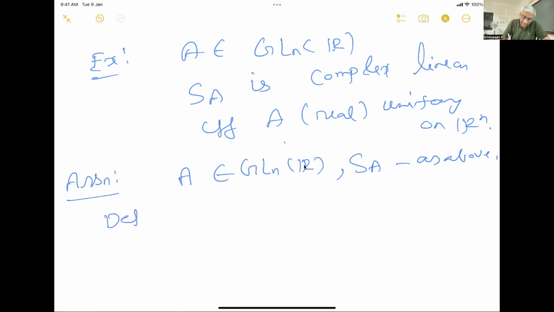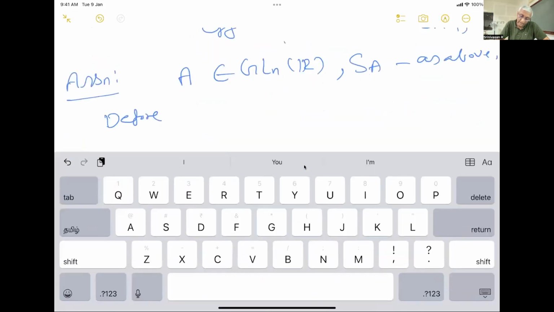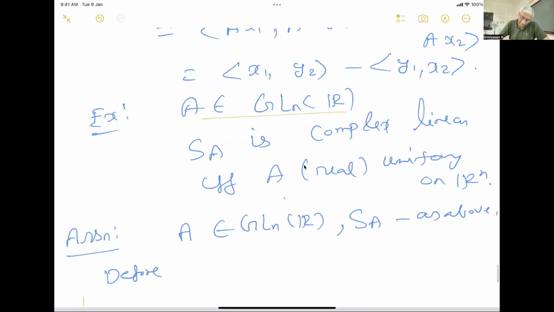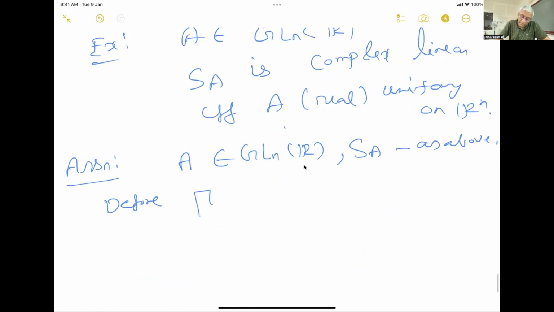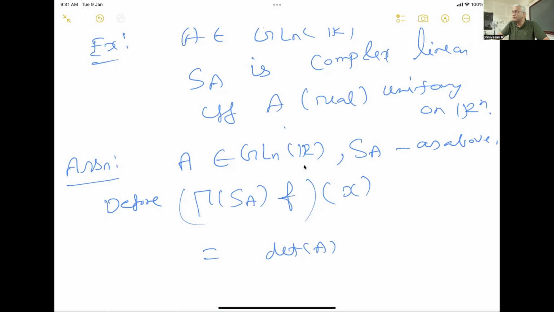Then define gamma of SA, acting on a function f at x, equal to determinant of A to the minus half, times f of A inverse x. A is an invertible matrix, so the determinant of A is not equal to 0.